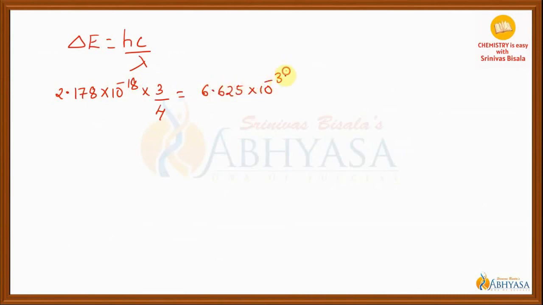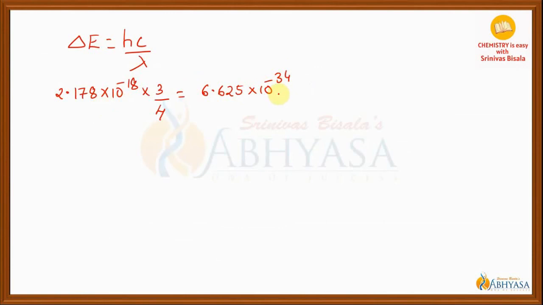We have the delta E as equal to hc by lambda, and we already got the value of delta E, which is 2.178 into 10 to the power of minus 18 into 3 by 4, where h is equal to 6.625 into 10 to the power of minus 34 joule second, because here we already got the energy in terms of joules.